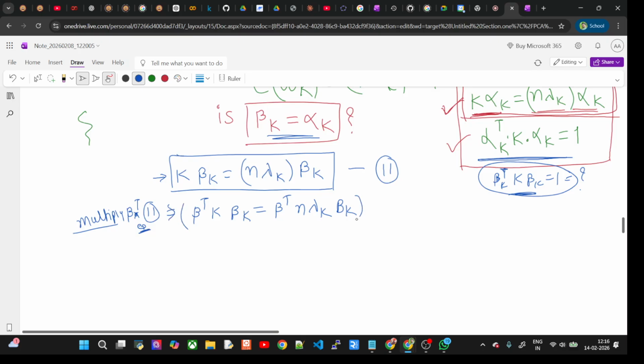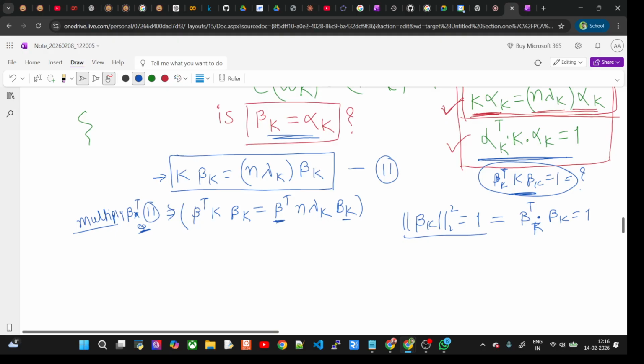What happened now? We know that the length of beta k should be 1. What is this? This is nothing but beta k transpose into beta k, which should be 1.